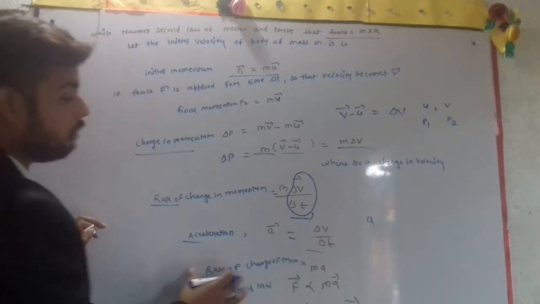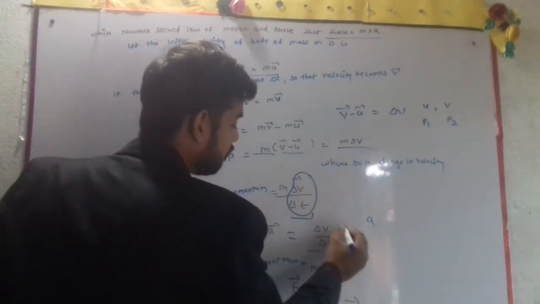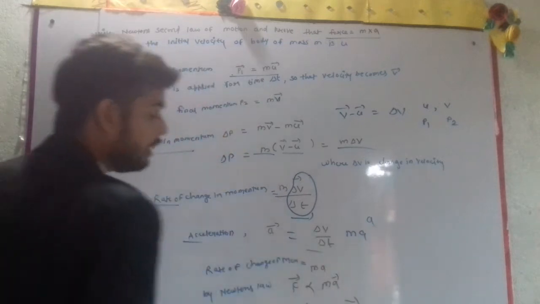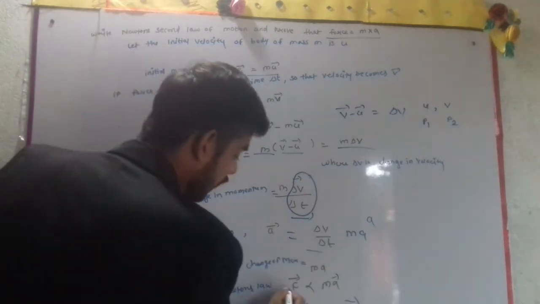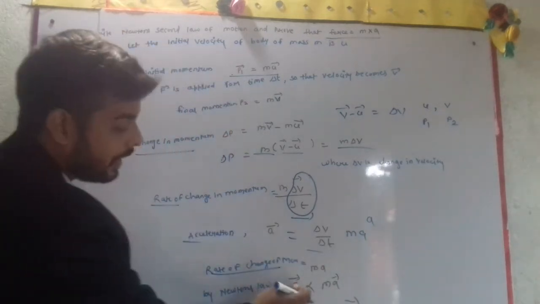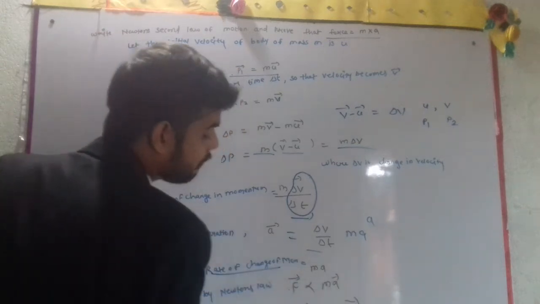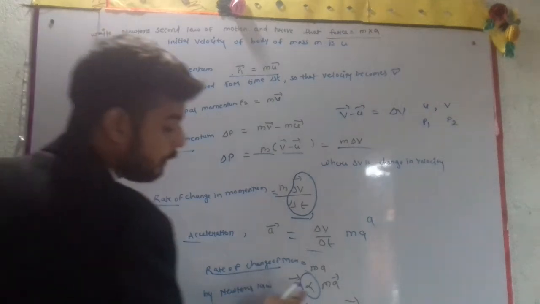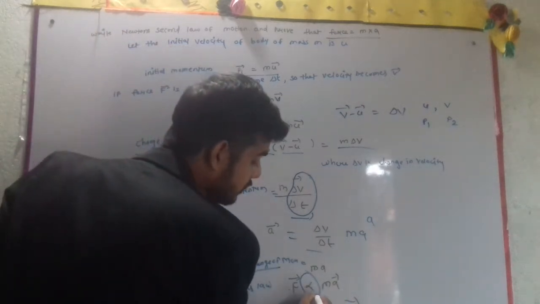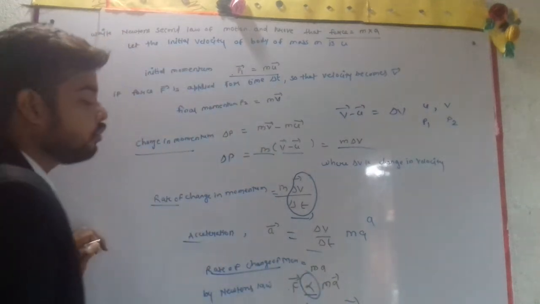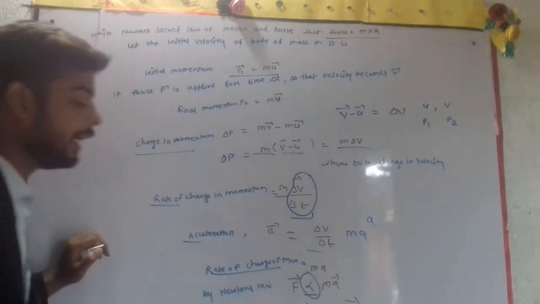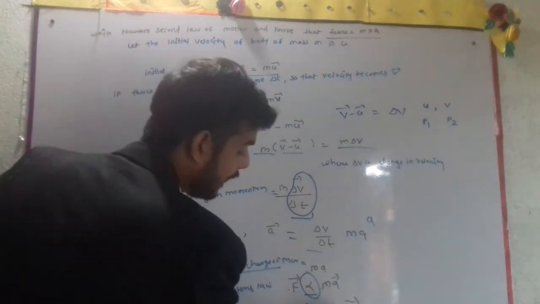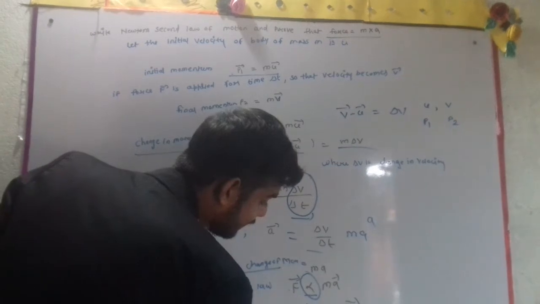So the rate of change of momentum, this is our m and this is our a, equals the applied force. So F is directly proportional to ma. To remove the proportionality sign we have to use a constant k, so we get F equals kma, where k is a constant.